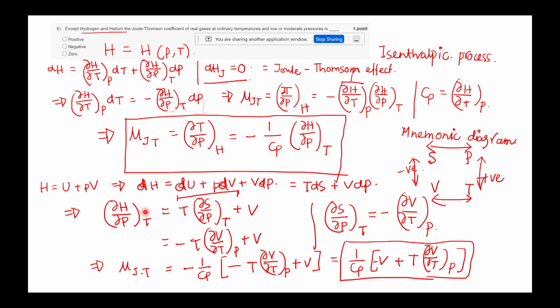Now, del H del P at constant T we can write from TdS, so in differential form, T del S del P at constant T plus V, and from the mnemonic diagram we get del S del P at constant T is minus del V del T at constant P. After substituting, we get mu JT is 1 by Cp times (minus V plus T dV dT at constant P).